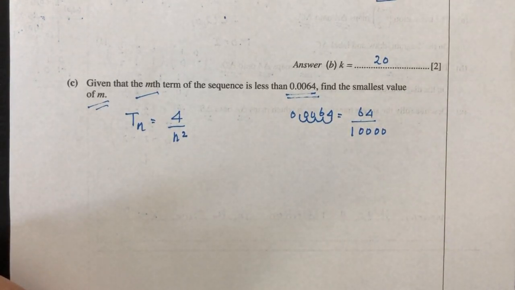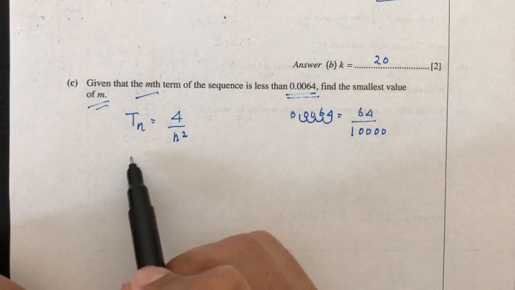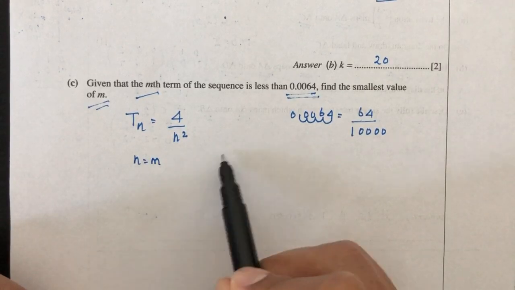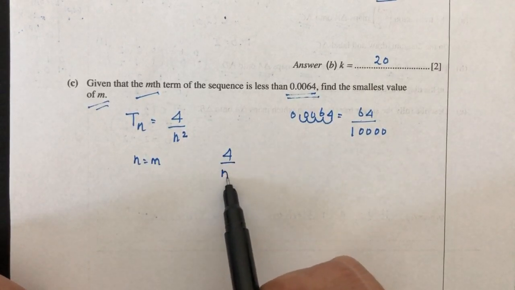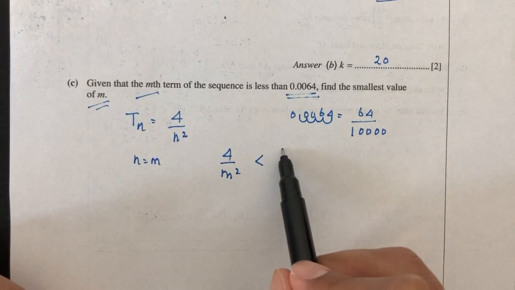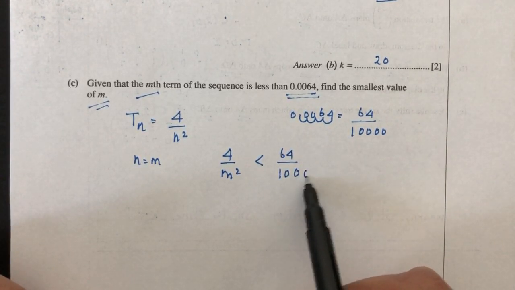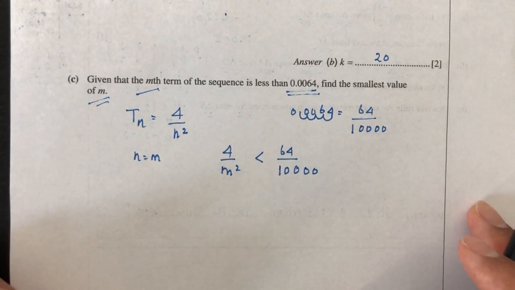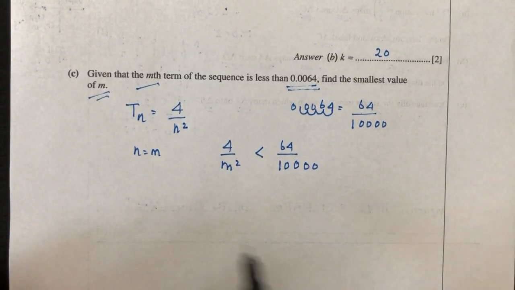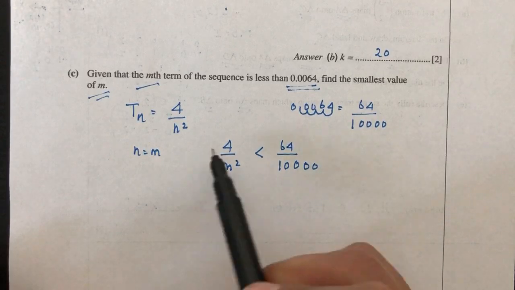So let's find what is possible. We have to find m. So n equal to m. For this, 4 over m squared is less than 64 over 10,000. So let's find the value of m. The first thing here, we can divide by 4.